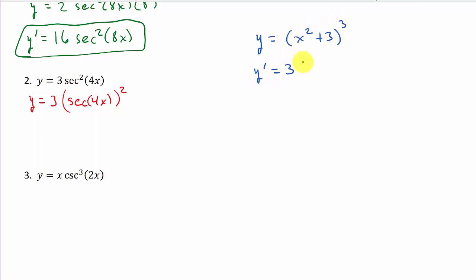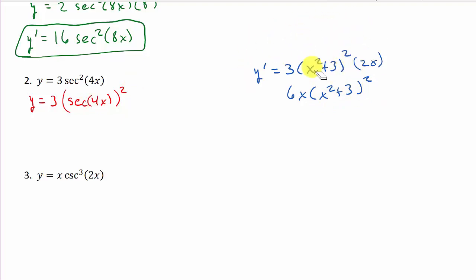So the 3 would come down, x squared plus 3, subtract 1 from the exponent, and then times the derivative of what's inside the parentheses. So what's the derivative of this? 2x. And then you would get 6x times x squared plus 3 squared. And that's the same thing we're going to do here. We're going to apply the chain rule.